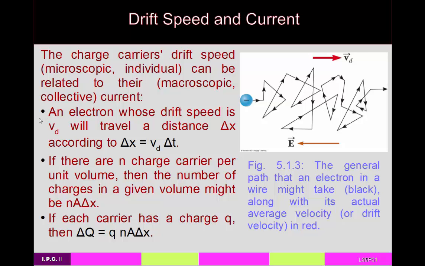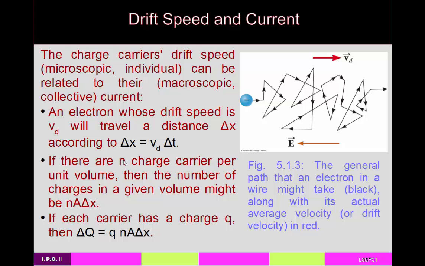And let's say that we have electrons with some drift speed Vd, or a drift velocity vector Vd. Then over a sufficiently long time delta t, you get delta x equals Vd delta t. That's just simple kinematics.